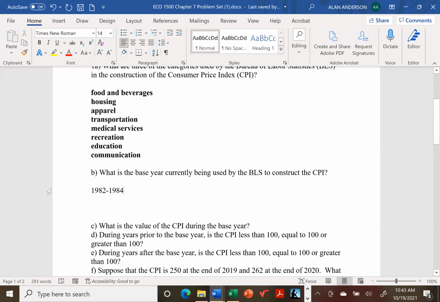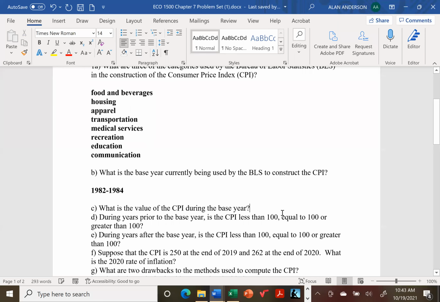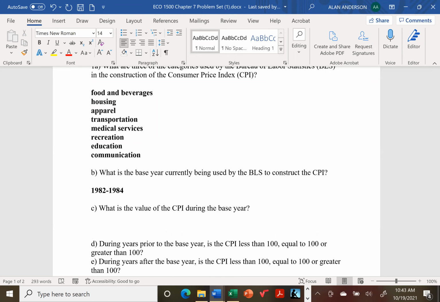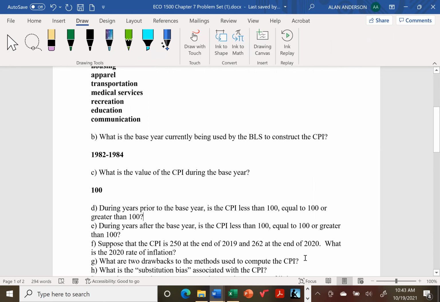Normally, it's a single year, but I'm not quite sure what the logic was behind using all of these years, but this is how they decided to set it up. And by definition, in the base year, the CPI is equal to 100. That way, in any future year, if the CPI is 150, it's easy to determine that prices are 50% higher than they were in the base year.